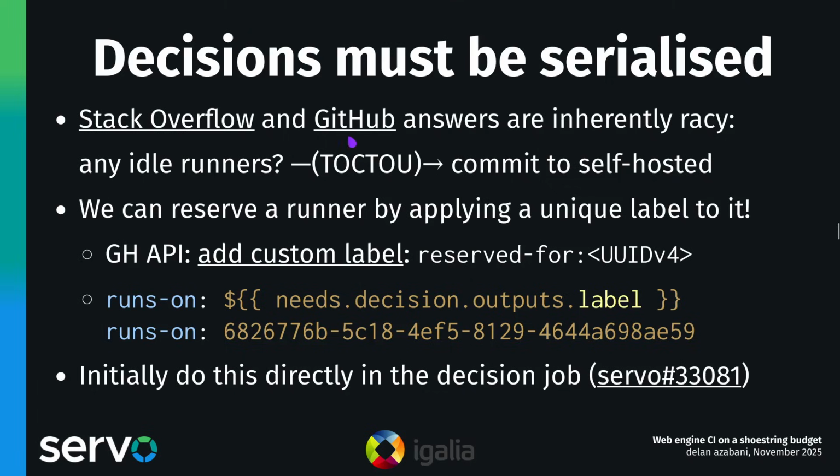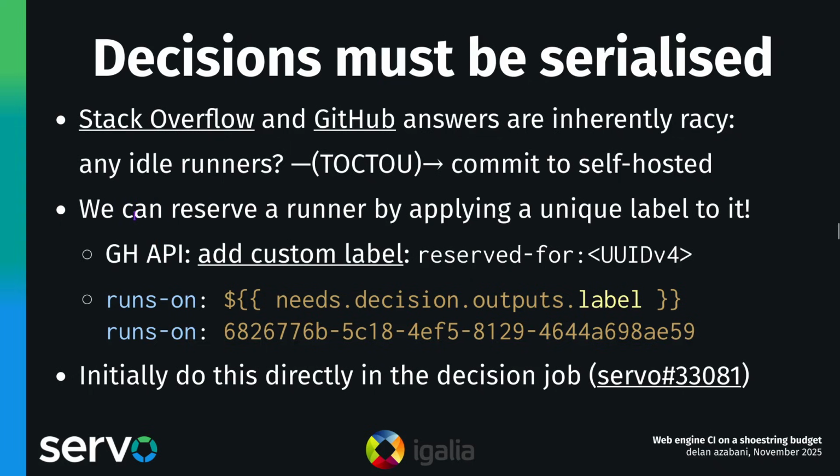The trouble is that in between, if another decision job comes in and tries to make the same kind of decision, they can end up earmarking the same runner for two jobs. But each runner is only meant to run one job, so one of the jobs will get left without a runner.